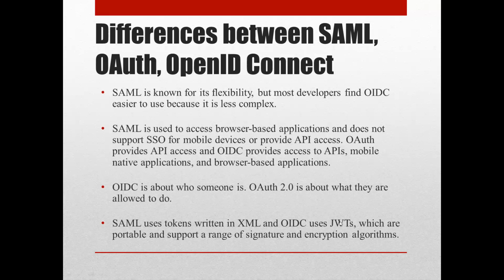The refresh token gives some extra lifetime, and with that refresh token the user can get a new access token again. When it comes to OIDC, the token is the ID token, or we can say a JWT token.